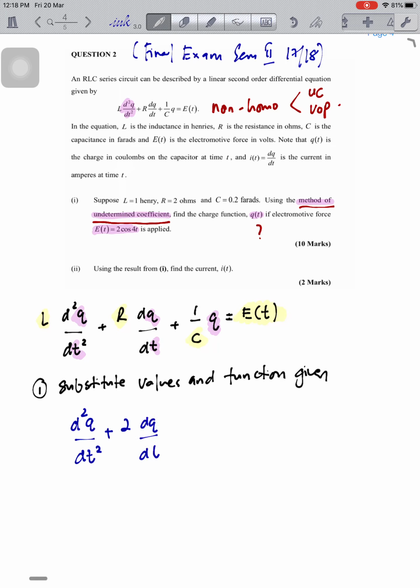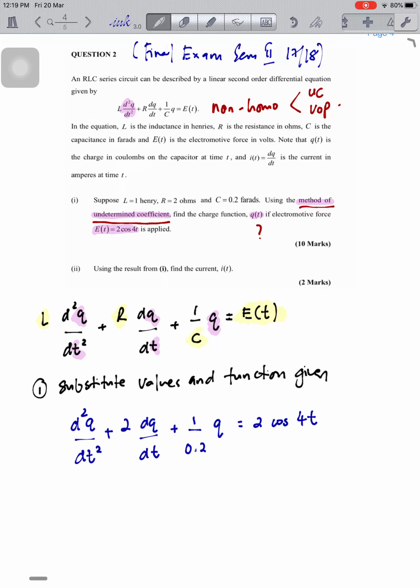No need to include the units, the henry, the ohms, those are units, they're not the constant values. And C is going to be 0.2, so I'm going to have plus 1 over 0.2 q, and that is going to equal the function E(t), which is given by 2 cos of 4t. So by substituting the values and the function given, that is what we end up with.